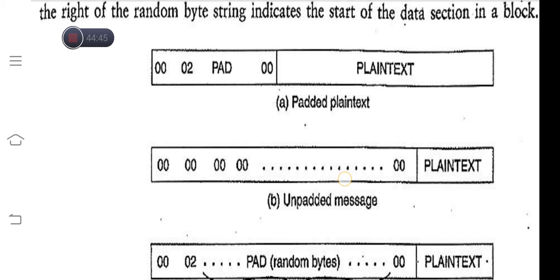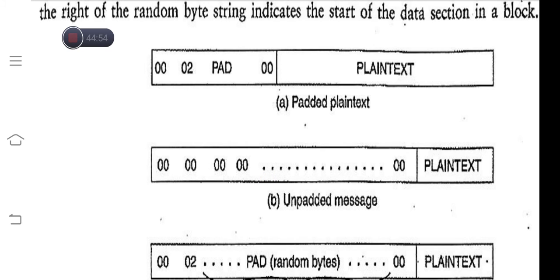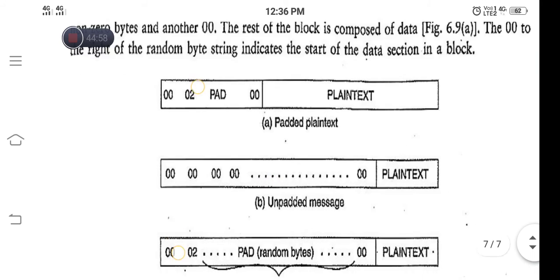Here the ciphertext will be a function of the short message, what we are seeing in figure B, as we are seeing in the C.